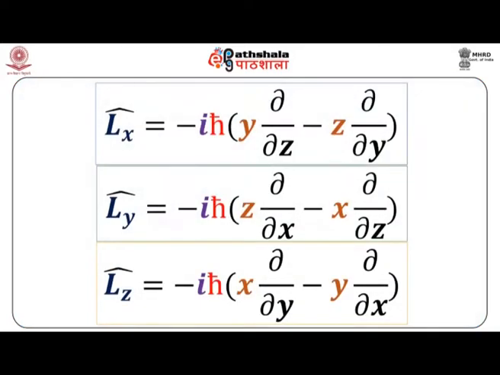With this, the equations modified to Lx is equal to minus iota h cross within brackets y into del by del z minus z into del by del y. Likewise, Ly is equal to minus iota h cross z del by del x minus x del by del z. And similarly, Lz is equal to minus iota h cross x del by del y minus y del by del x.